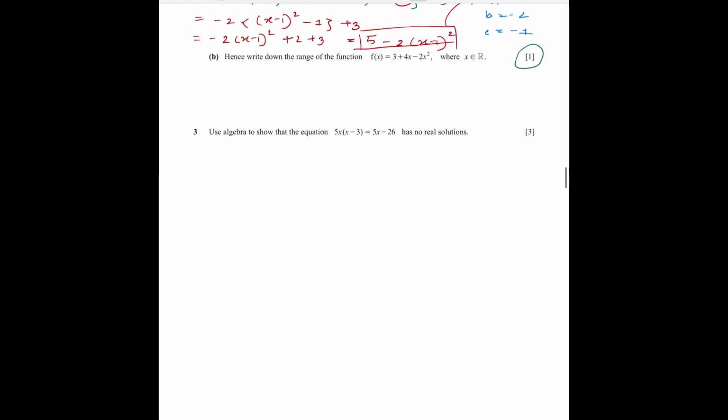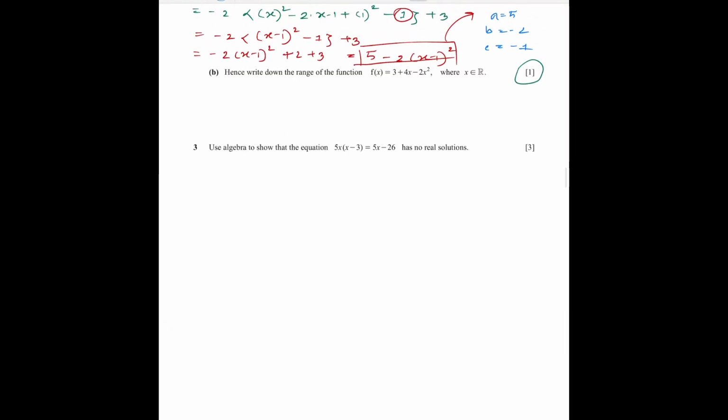So we can write that the range of the function is less than or equal to 5.